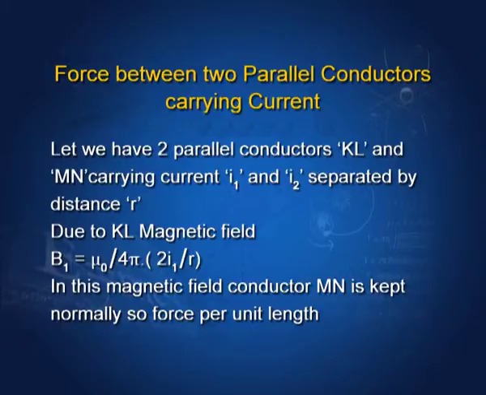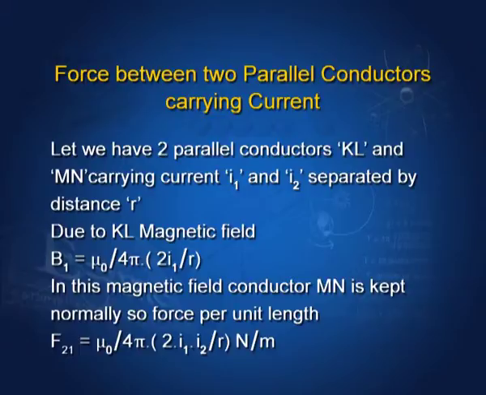The force per unit length F21, that is the force experienced by the second conductor due to the magnetic field of the first conductor, is equal to mu naught upon 4 pi into 2 I1 I2 divided by R. The SI unit of this force will be Newton per meter.